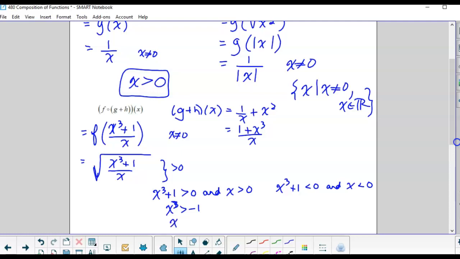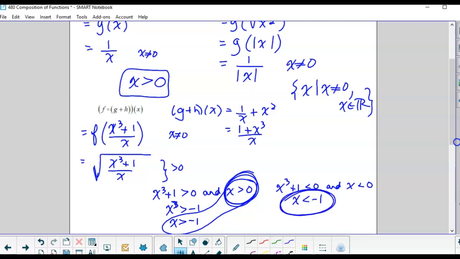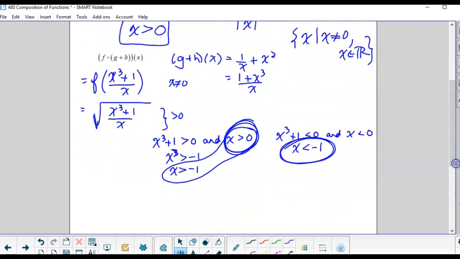So this is going to be x greater than negative 1. And then where do these overlap? Here. Okay. Then here, this is going to be x less than negative 1 and x less than 0. So where do those overlap? Here. So this is the domain of the final.